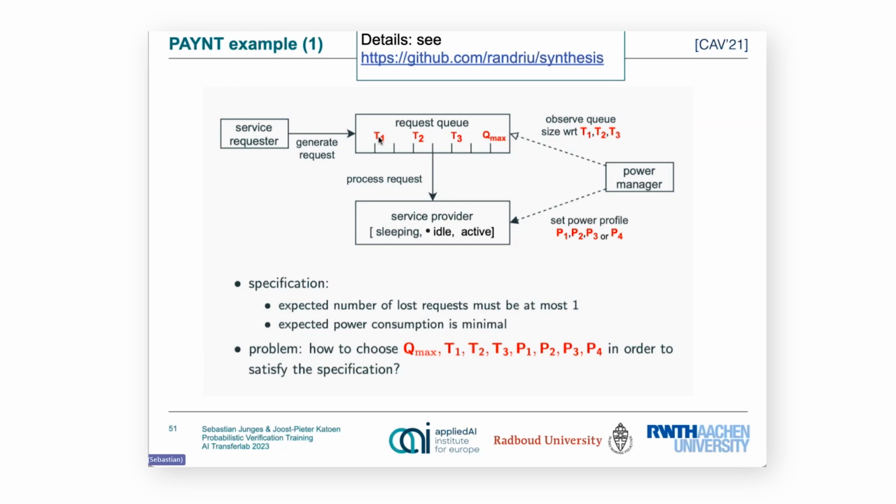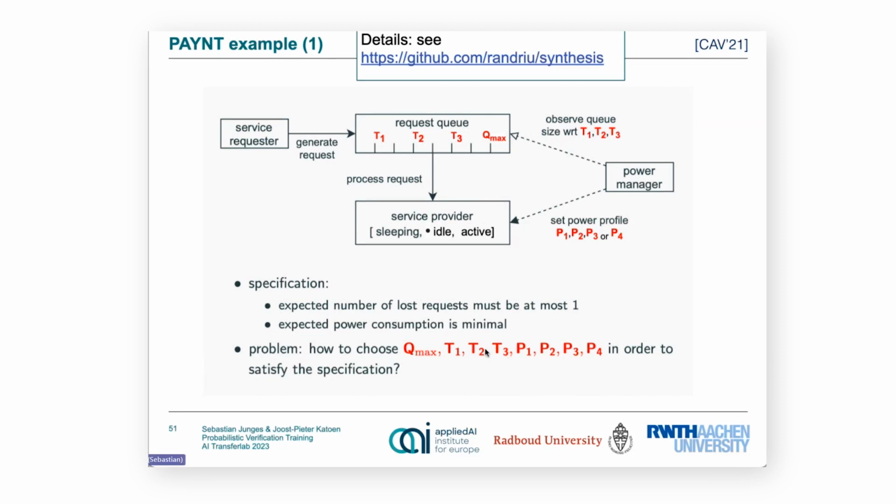And so here we said, let's define a couple of regions. Between T0 and T1, some power profile should be used. We call that power profile P1. Between T1 and T2, we are going to use maybe a different power profile. We call that P2, and so forth.